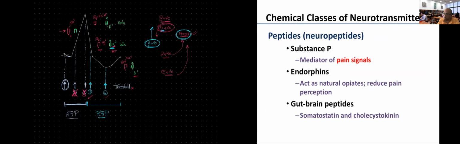Those are like substance P, which is the mediator for the pain signals. Endorphins act as normal opiates, and the endorphins here are going to be the ones responsible for reducing the pain perception.